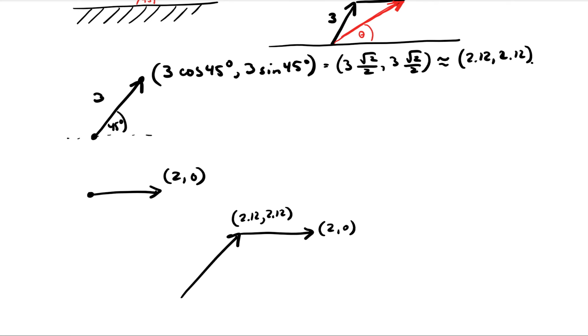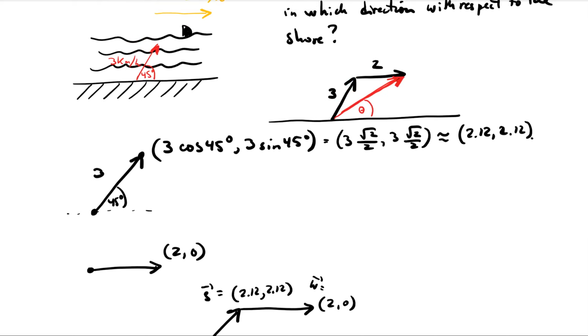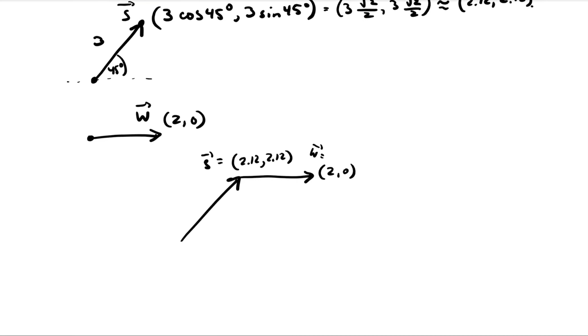We can call this vector S for swimmer, and this one W for water. So this is vector S here, this is vector W. And then we need to add those two.